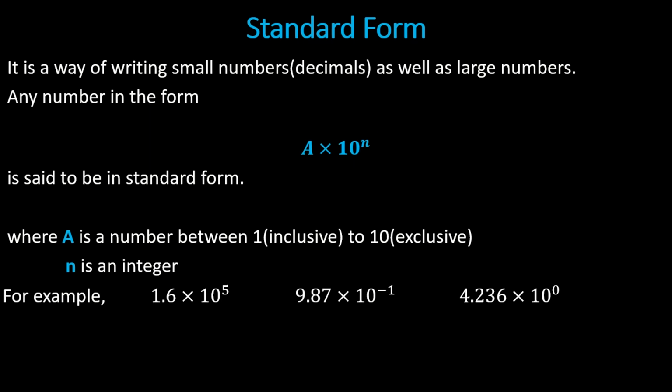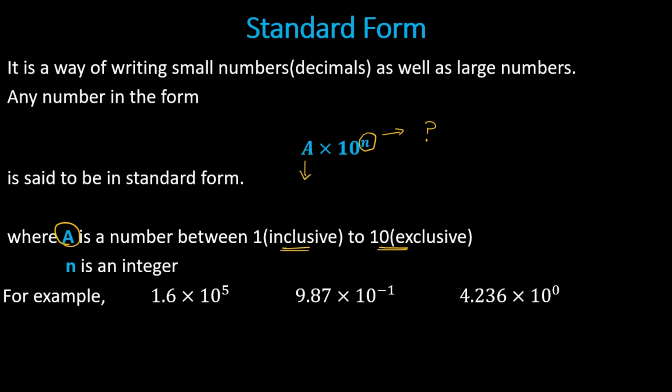Now what is a and what is n? Let us see. a is simply a number between 1 inclusive to 10 exclusive.